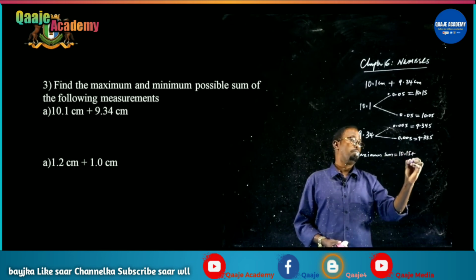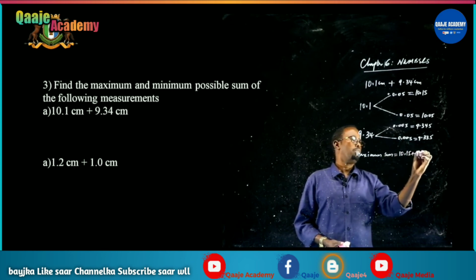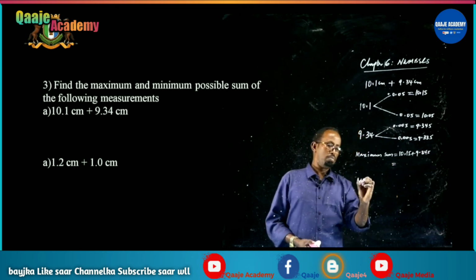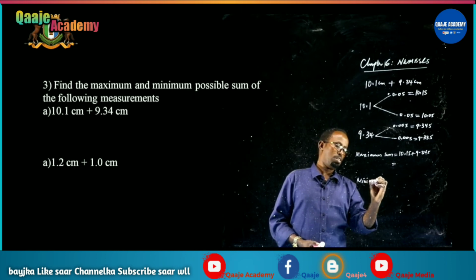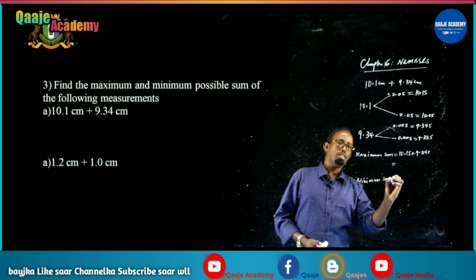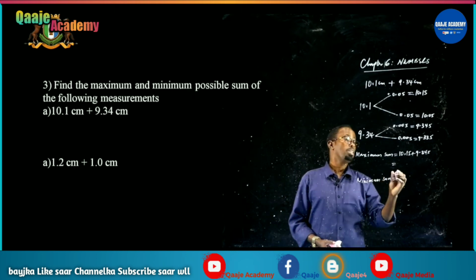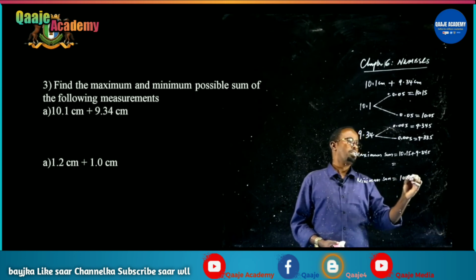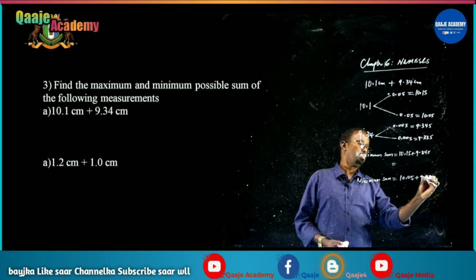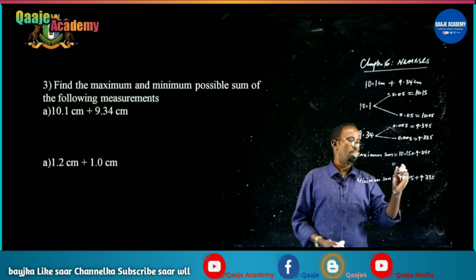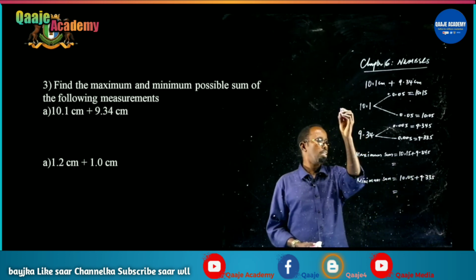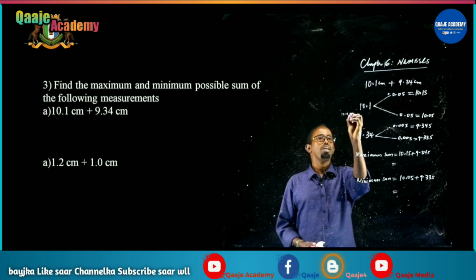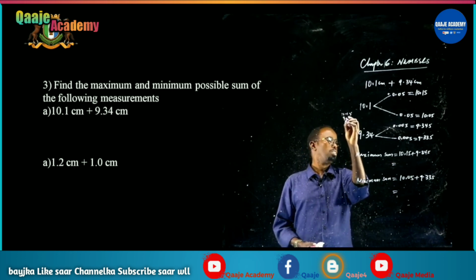Minimum sum will be 10.05 plus 9.335. So I add these two. 10.15 plus 9.345, you get 19.495.